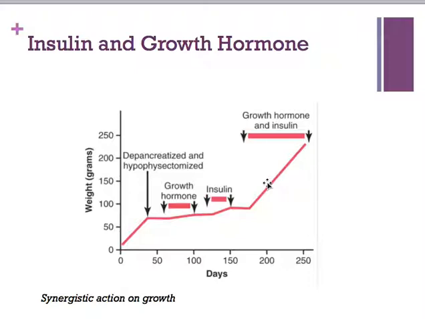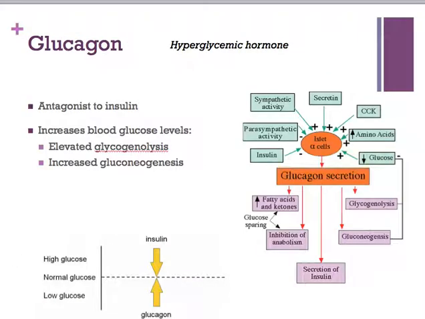By themselves, there's not a huge indication that there's a change in weight. However, when they're given together, they have a synergistic function where they both increase the activity of the other hormone. Fun times, so that works together.